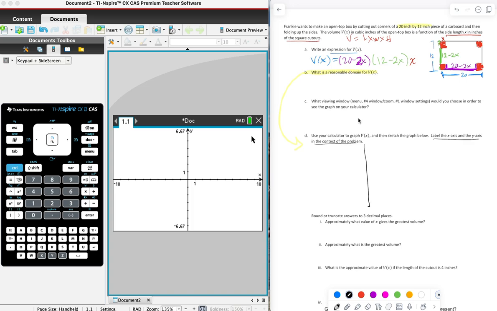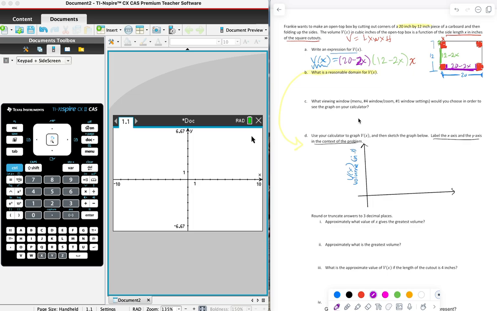So I have my y-axis here, I have my x-axis here, and I need to label these according to the context of the problem. Well, I can see up here that my v of x is my y value, that's my output value, and that's representing the volume in inches cubed.